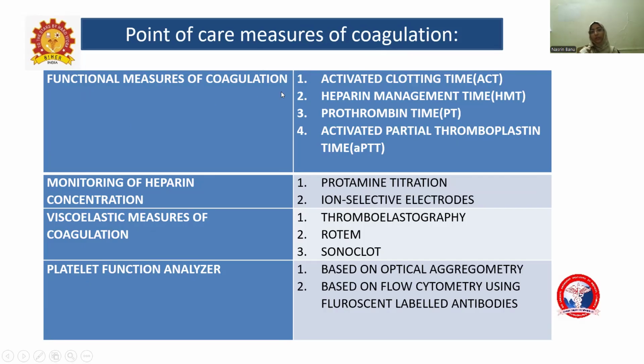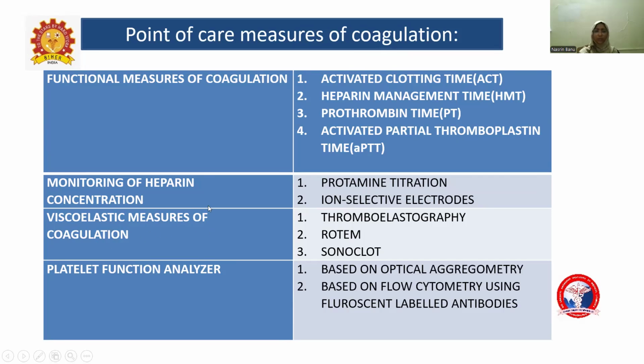Functional measures of coagulation include activated clotting time, that is ACT, heparin management time, that is HMT, prothrombin time, that is PT, and activated partial thromboplastin time, that is APTT.